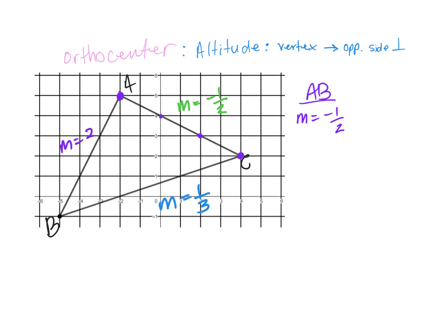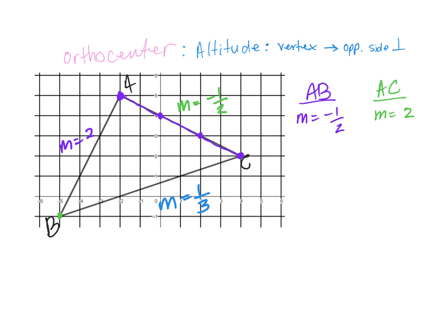And that right here is the altitude for AB. Now let's find the altitude for BC, starting at point B. So that means that the slope, we have to use the negative reciprocal of AC, which has to be +2.